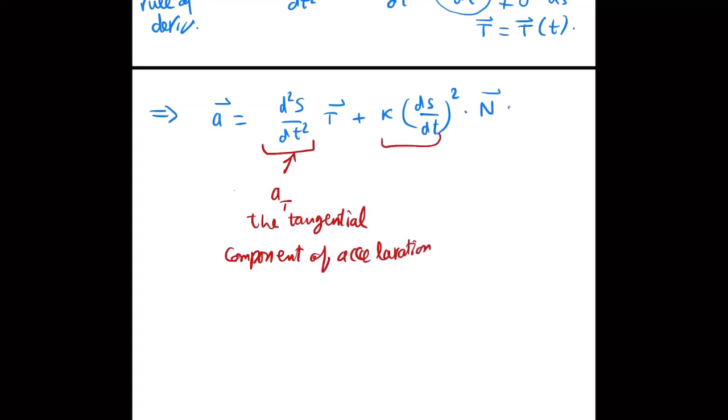And this quantity is a sub N, the normal component of acceleration. A sub T is the tangential for T, a sub N for normal.